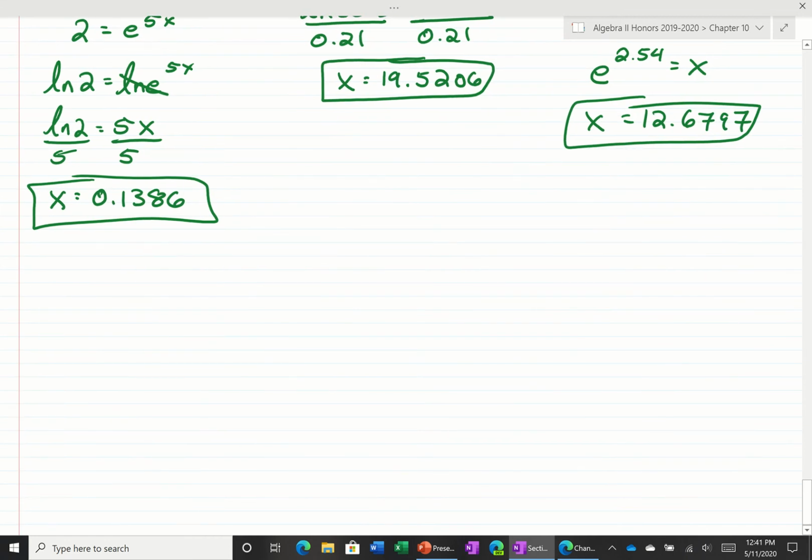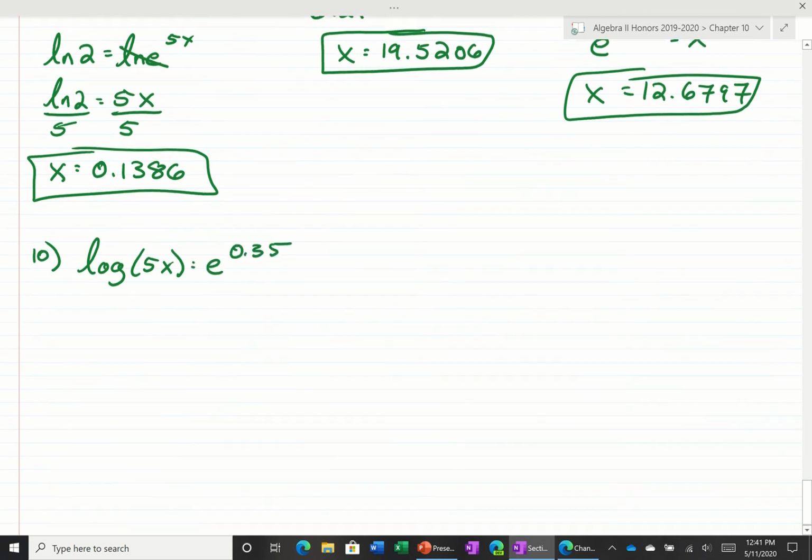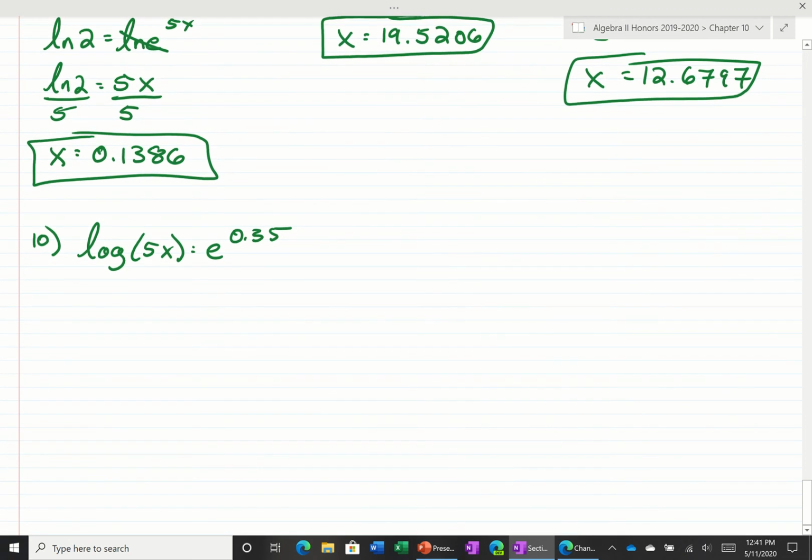And our last problem, problem number 10, says we have log of 5x is equal to e to the 0.35. All right. Well, e to the 0.35, let's figure out what that is. E to the 0.35 power is 1.4191.